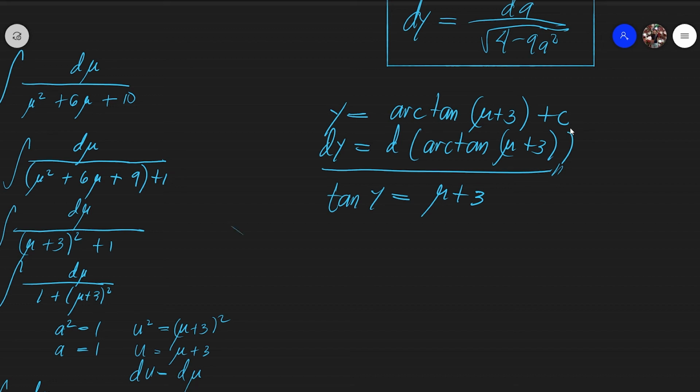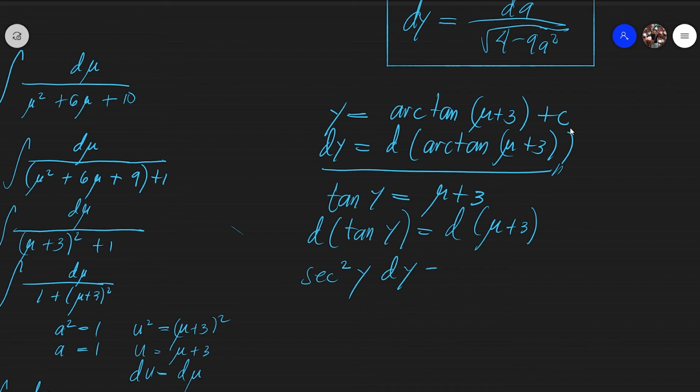So if you differentiate both sides of the function, you will get the differential of tangent y equal to the differential of mu plus 3.